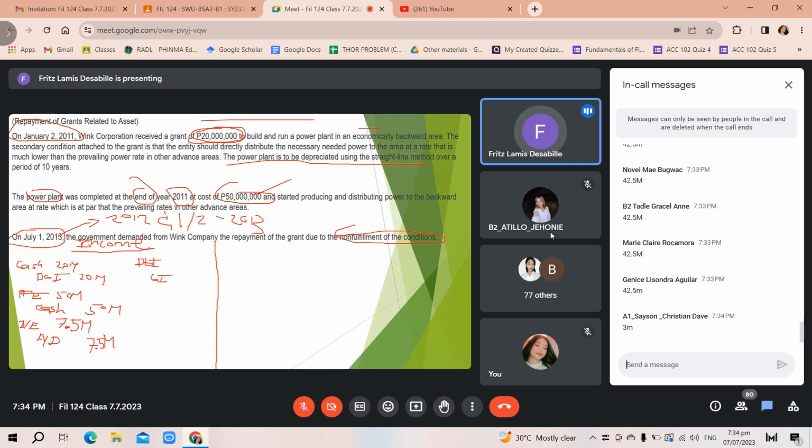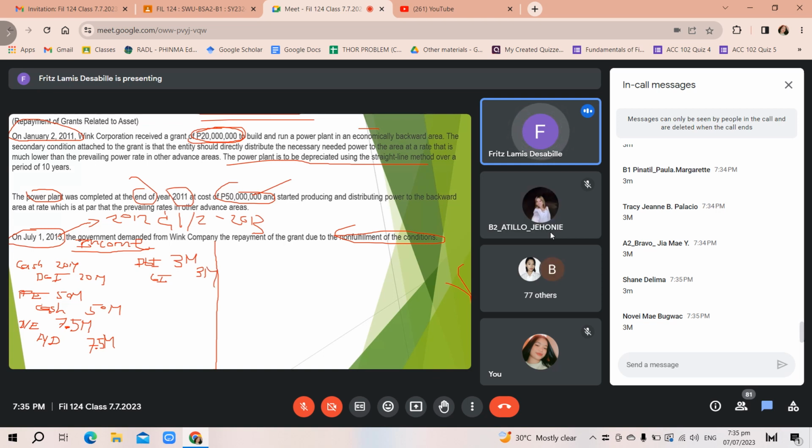That is 3 million: 20 million divided by 10 years times 1.5. Our annual is 2 million, so 1.5 years is 3 million. So 2 million in 2012 and 1 million in 2013, which represents half of the year, January to June. We don't count July because it is July 1. So that is correct, very good. That is 3 million.